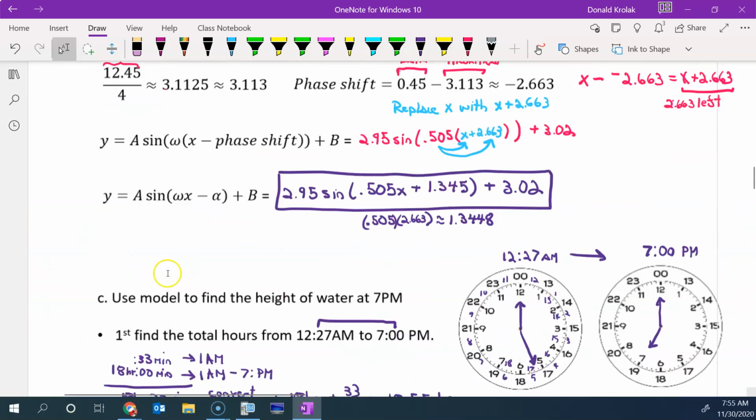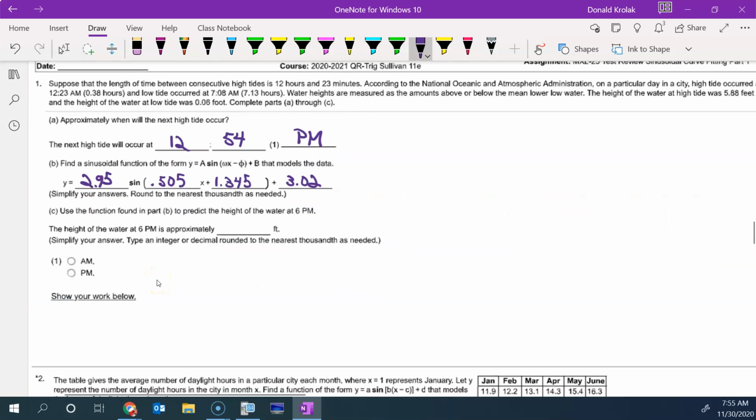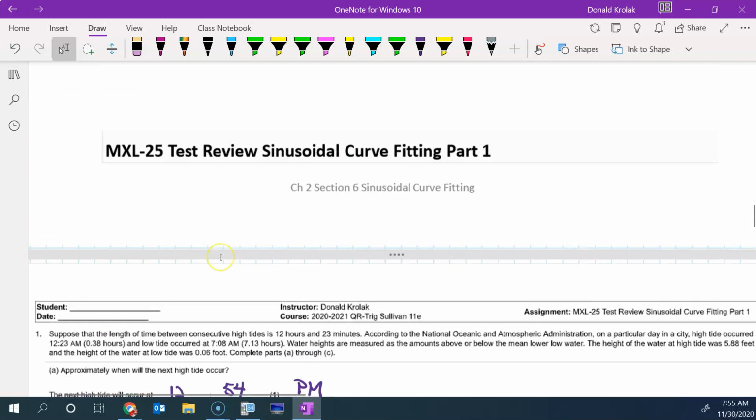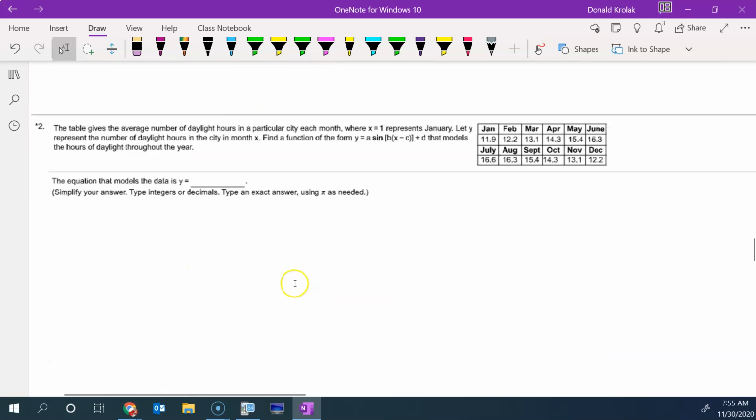All right, so now what you're going to do is open up your Math Excel and try the first problem, which is just like this. So use this as a guide.